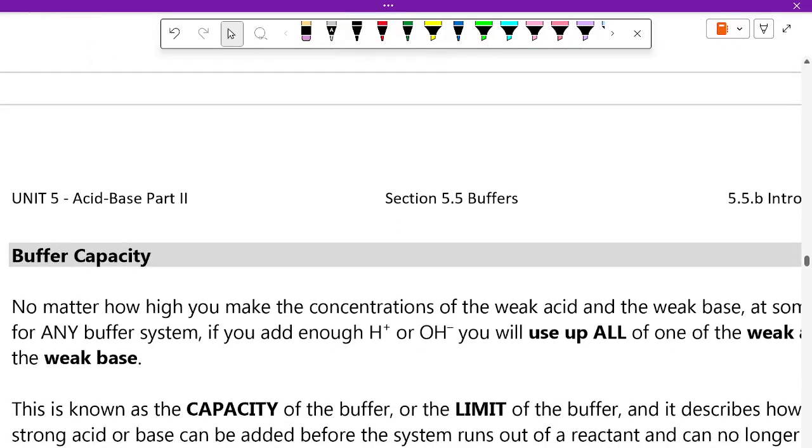Buffer capacity. At some point, if you keep dumping strong acid into a solution, you're going to overwhelm the buffer, right? Or if you keep dumping strong base, you're going to overwhelm the buffer. And this is what we call the buffer's capacity. The higher the concentrations of the weak acid and its conjugate base, or the weak base and its conjugate acid, the bigger the capacity of the buffer.